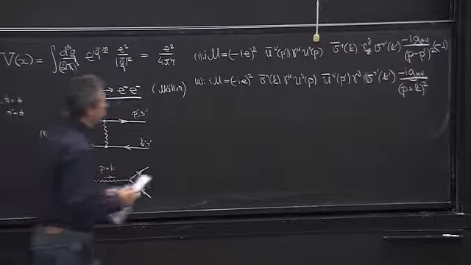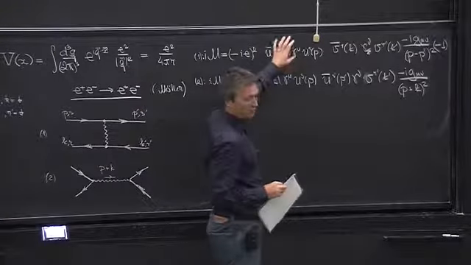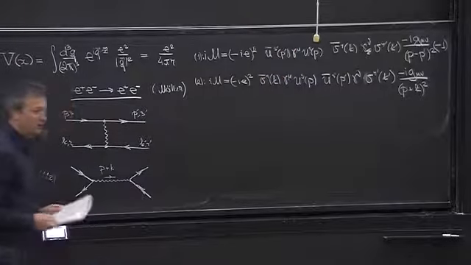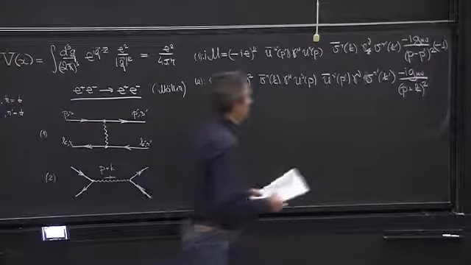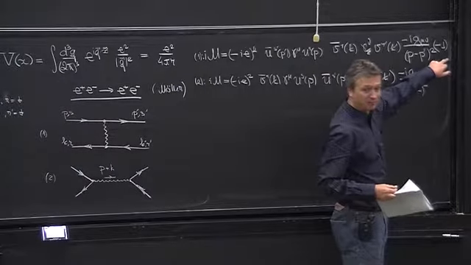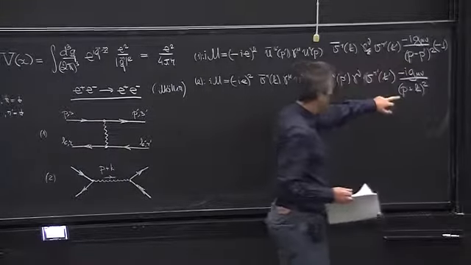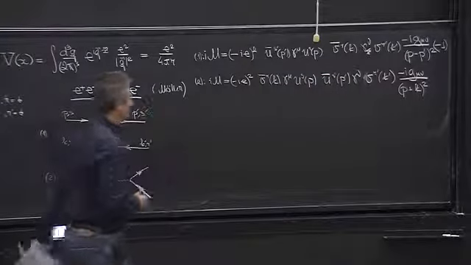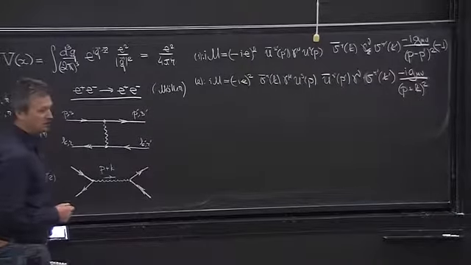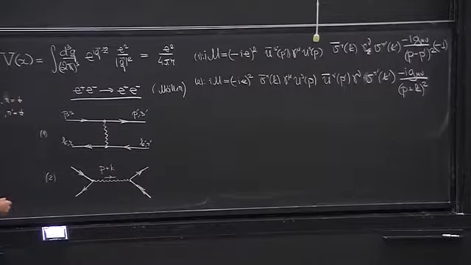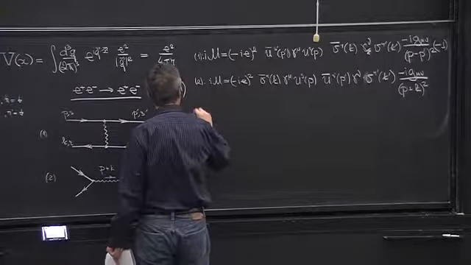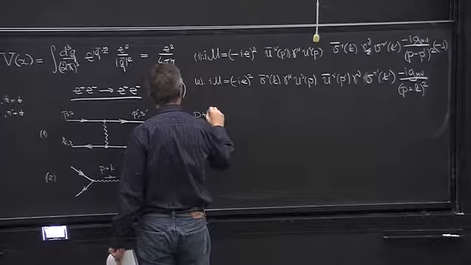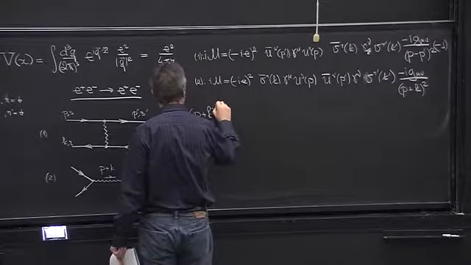And here we don't need to do much work because it's very similar to what we have in the electron-electron case, up to a minus sign. The only new ingredient is the second line, but it's very easy to see that in the non-relativistic approximation we can just drop it, because the denominator in that diagram is very big. So P plus K squared.